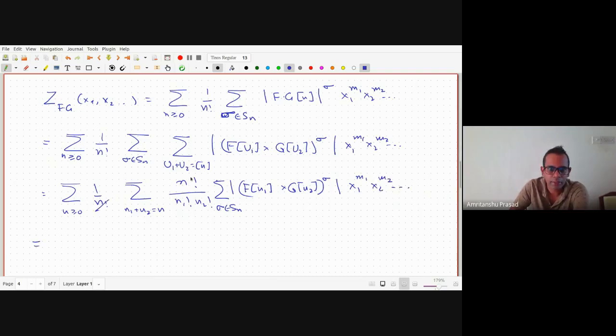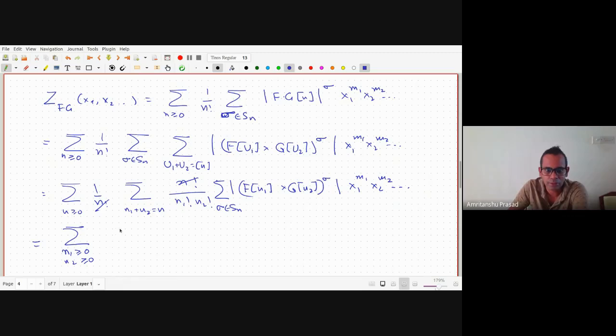Now this cancels off here, and so I get a sum over n1 greater than or equal to 0, n2 greater than or equal to 0, and n is automatically n1 plus n2. I don't need to write this. But now, suppose you have a permutation sigma which preserves F(n1) cross G(n2). Then sigma is in S_{n1} cross S_{n2}, the subgroup of S_n.